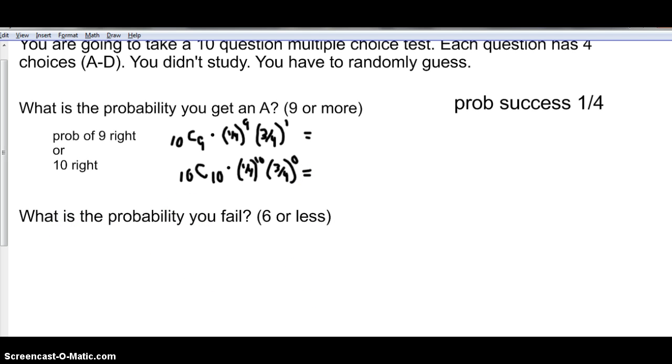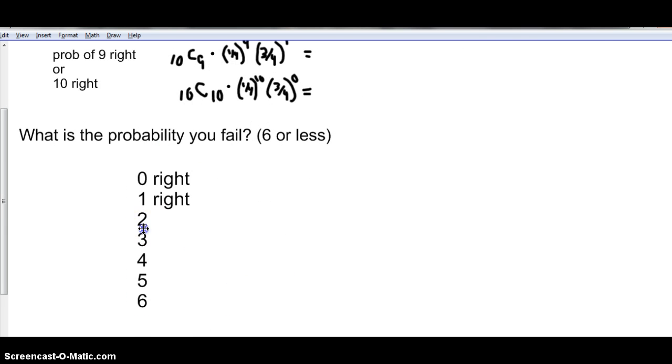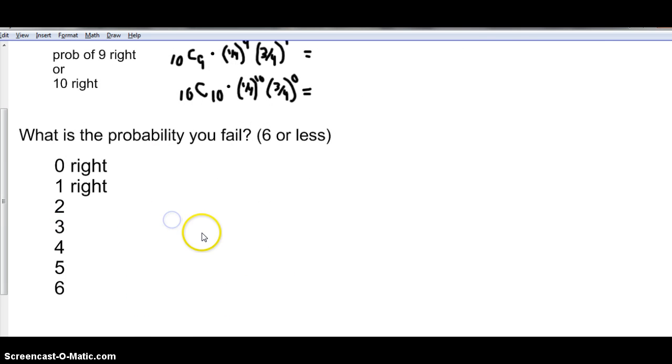You get 6 or less. So now we need the probability of getting 0 right, 1 right, 2, 3, 4, 5, 6. And this is the type of question that we do not want to have to solve by hand.